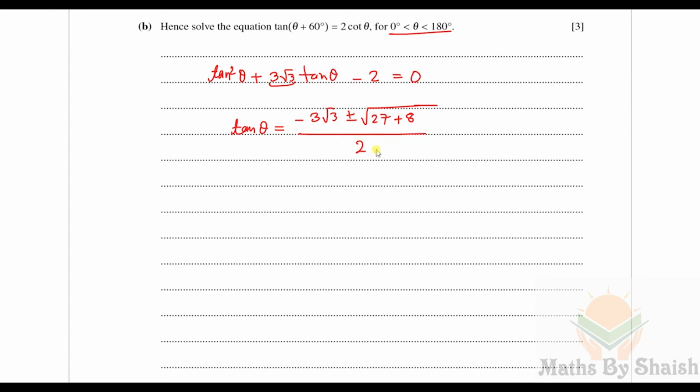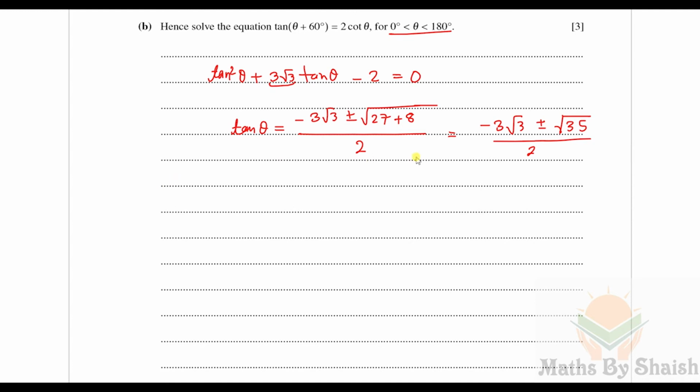It can be simplified further. It is going to be minus 3 root 3 plus or minus the square root of 27 plus 8, which is 35, so root 35, and we cannot simplify it, over 2. So from here we got tan theta as these two values.